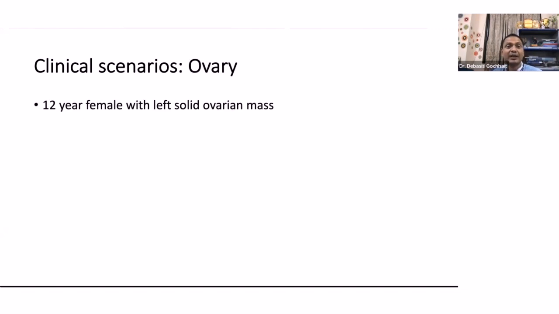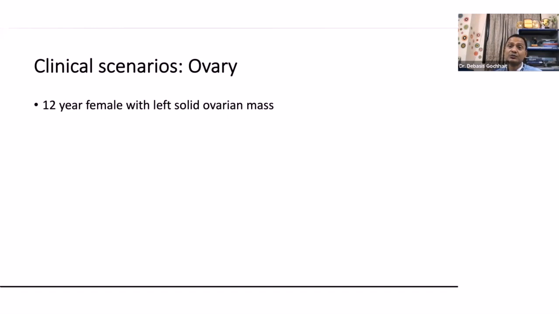Okay, so a 12-year-old female with a left solid ovarian mass. Now everything here is important. Whether I'm telling solid, whether I'm telling unilateral, whether I'm telling bilateral, what is the age, very important, right? So which tumors are common in pediatric patients? She is a 12-year-old girl, of course she's a pediatric patient.